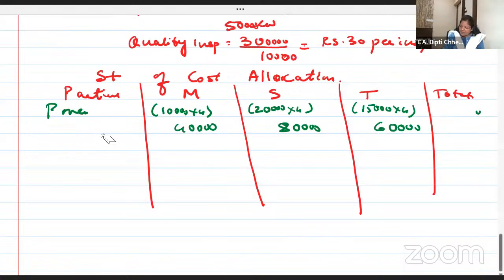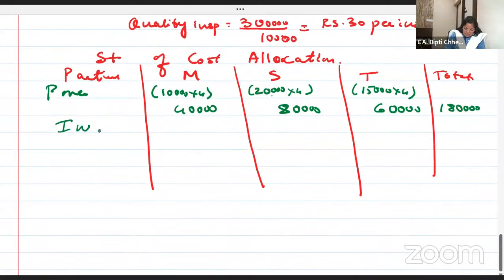No, it won't be 2 lakh, sorry. 1,80,000. That's why unused will come, no? Power. Next what? See, very easy question, but chances of mistake. If you divide 2 lakh cost by the number of kilowatts, 10, 20, 15, 45,000 gone. Are you getting it? If you divide 2 lakh by 45,000 kilowatts, it will be wrong, because that has unused capacity also.